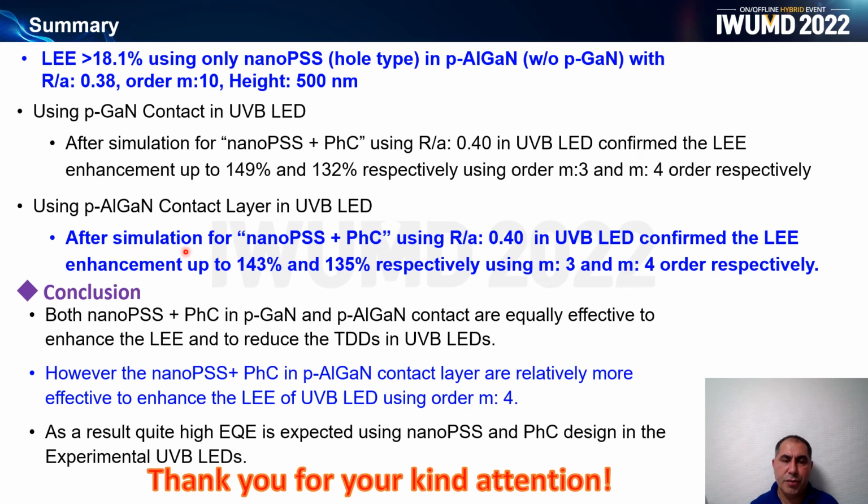But if we introduce the nanoPSS and PHC, and use R/A value 0.4, the UVB LED was quite improved, and the light extraction was enhanced up to 143% and 135% respectively using M3 and M4.